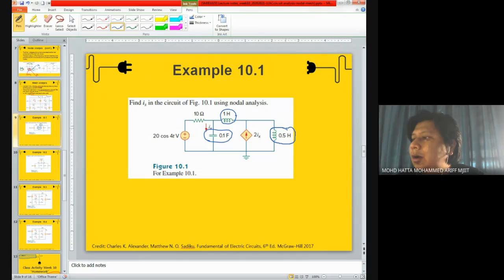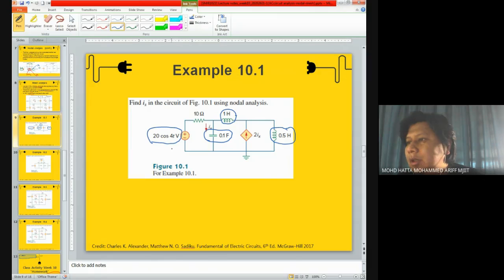All the values of these three elements are given in their time domain values. For example, the capacitor is 0.1 farad, one inductor is 1 henry, and another is 0.5 henry.